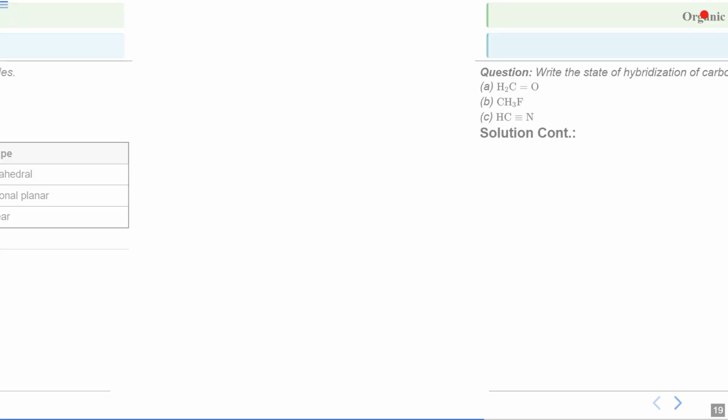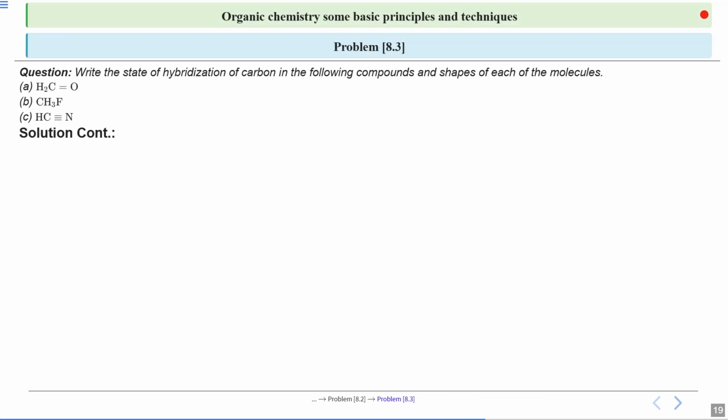the given compounds. Starting with the first compound, which is CH2O. In this compound, if you notice, the number of sigma bonds will be 3.